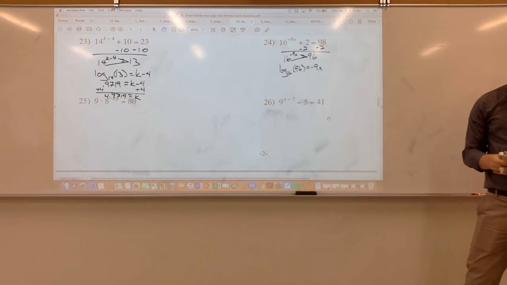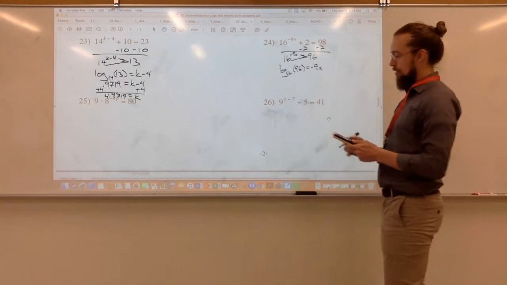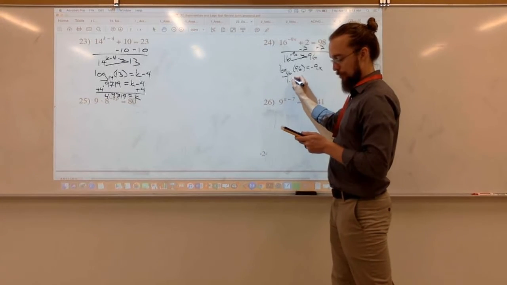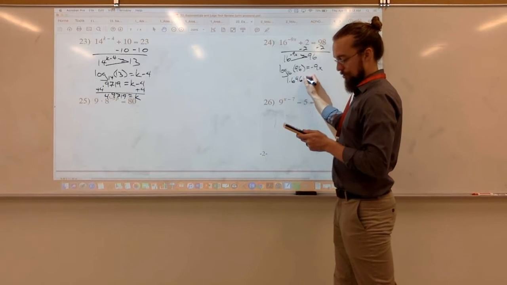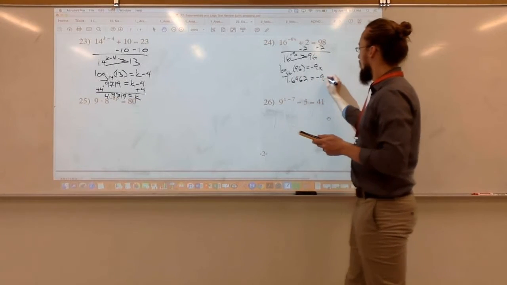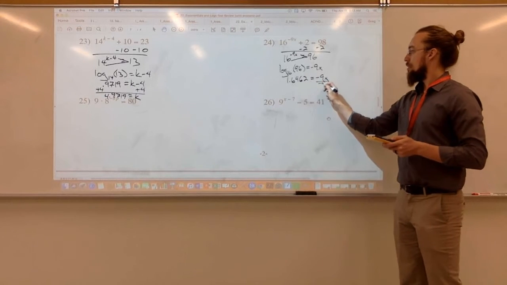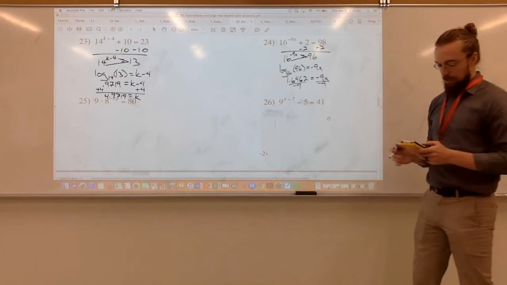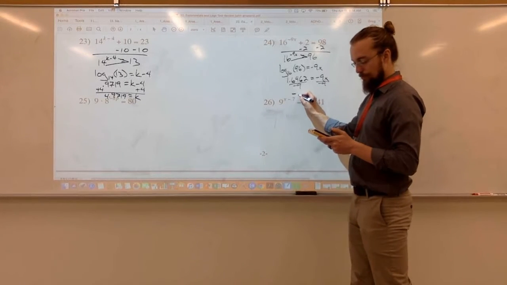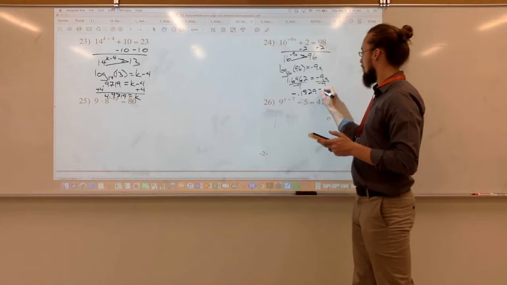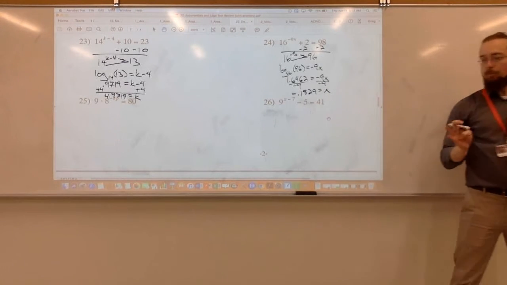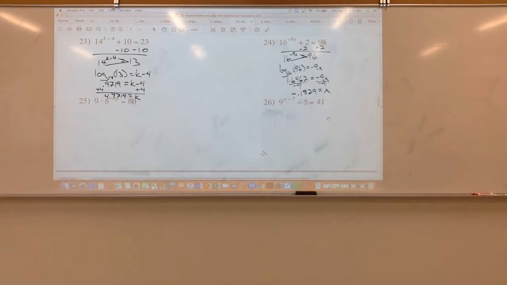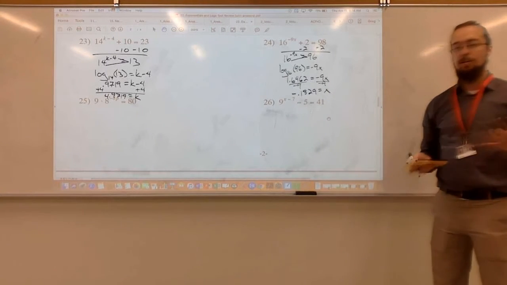Log base 16 of 96 is 1.6462. Then to get x by itself, divide both sides by negative 9. We get negative 0.1829. And remember, we're rounding to 4 decimal places on these. It says in the directions, round to the nearest 10,000. That's 4 decimal places.